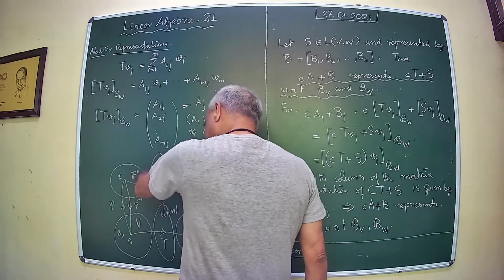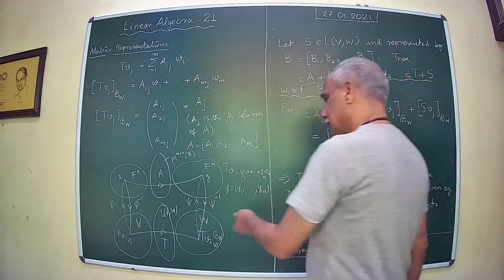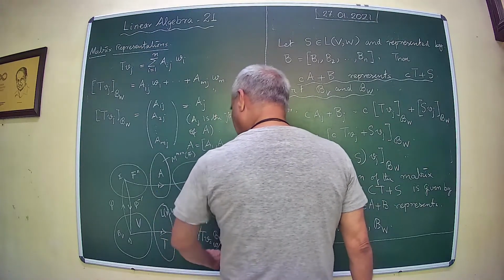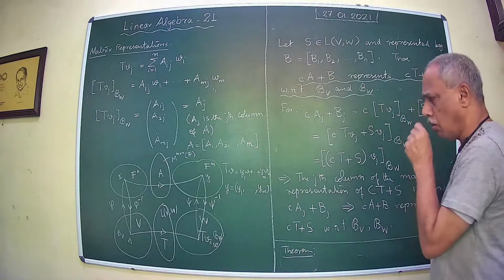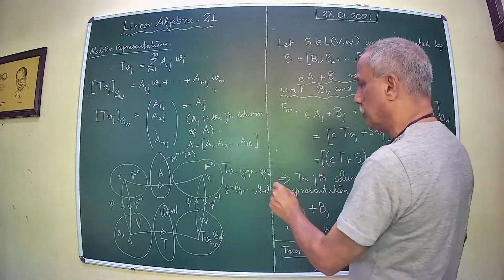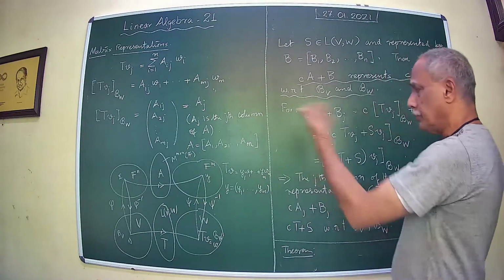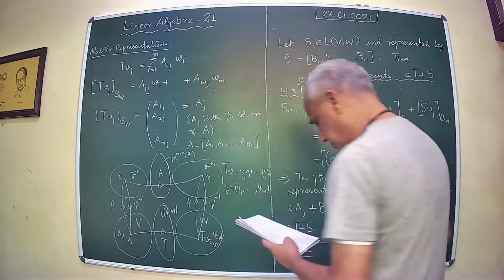This is also of dimension mn. Now what we are going to say is that there is an isomorphism related to BV, BW of L(V, W) onto M m by n (F). So this is what we are going to do.